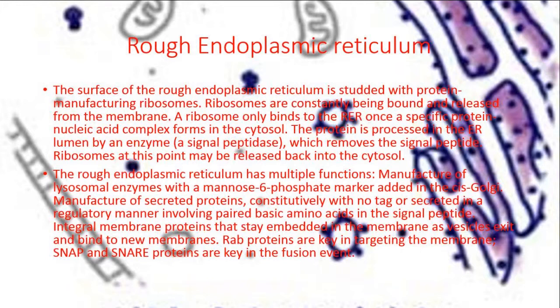Rab proteins are key in targeting the membrane. SNAP and SNARE proteins are key in the fusion. So the rough endoplasmic reticulum is where the proteins are made and synthesized. It's a network where proteins are synthesized.